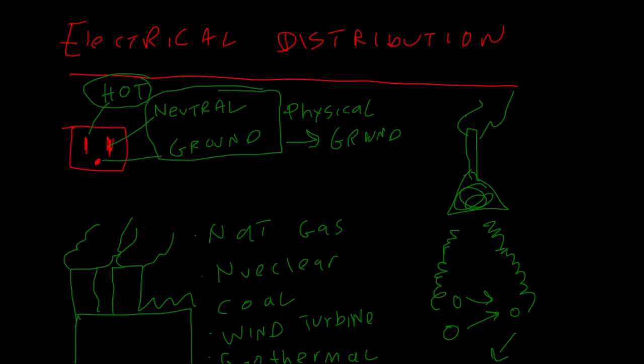Okay, so let's talk about how the turbines work. In the power plant, you could make a very simple turbine. I've made a couple, and they're essentially a rotor, and attached to that rotor are magnets, usually 3 magnets.